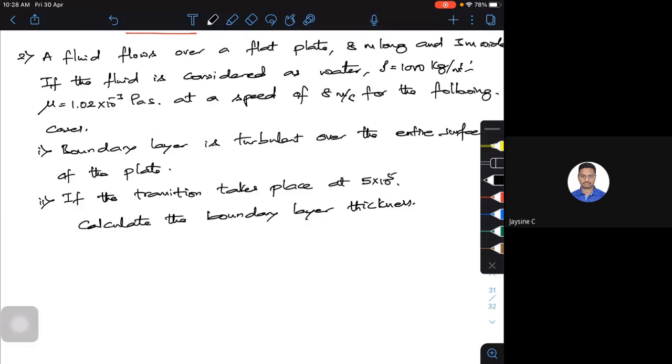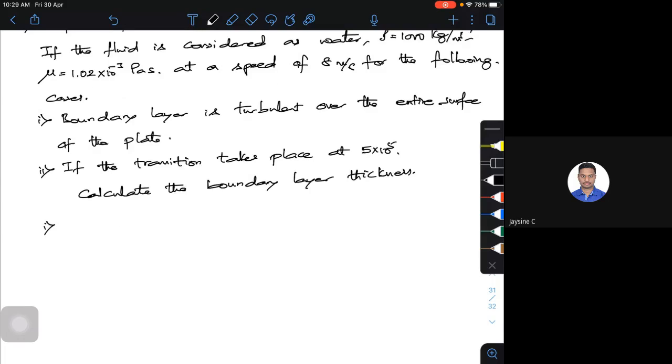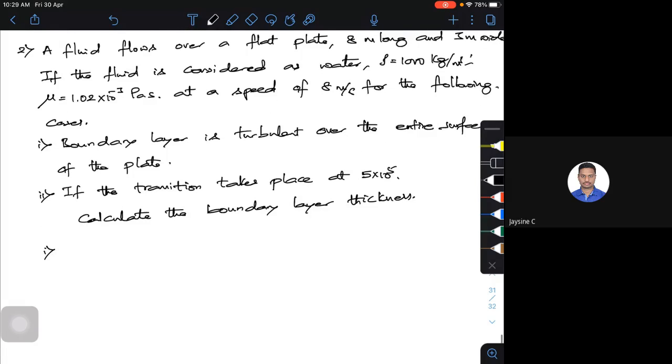Now, it's similar to the previous condition. The only thing is, here you have to find the delta. The first condition is if it is completely turbulent. What are they given?